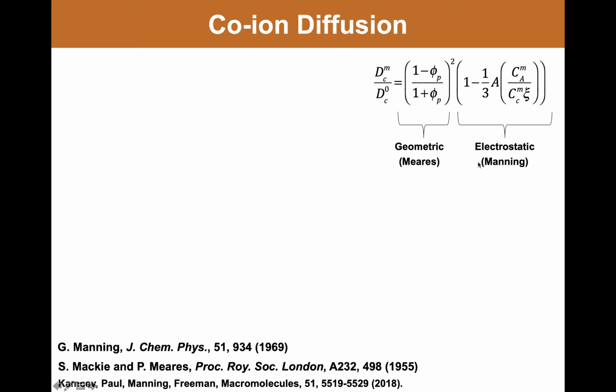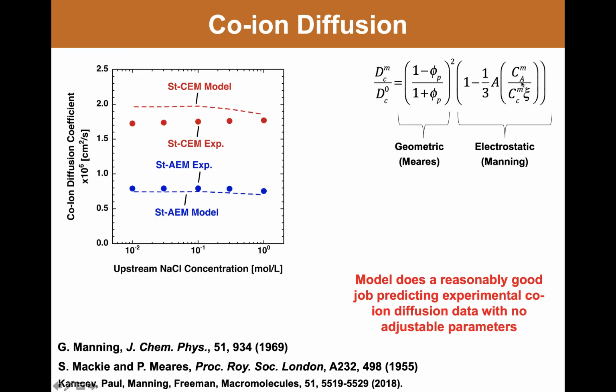And this is the electrostatic effect that's shown here. Now, I'm not showing what A is. You'll find it in Manning's paper. It's just a long double summation, an algebraic formula. It depends only on one grouping of variables, that is the fixed charge concentration of ions in the membrane, which is known as a cation exchange membrane.